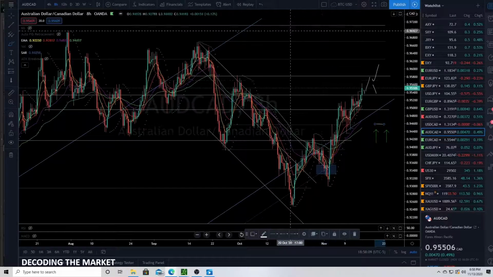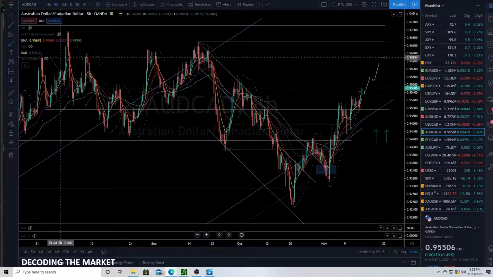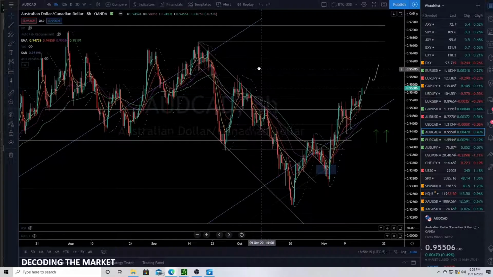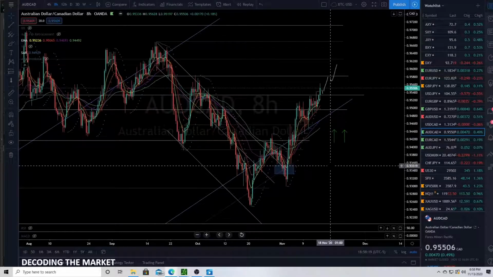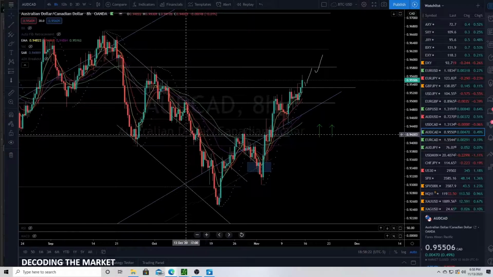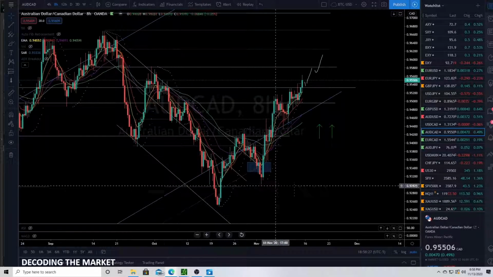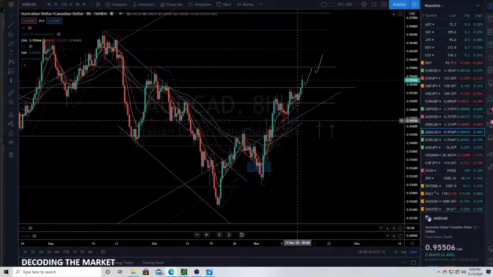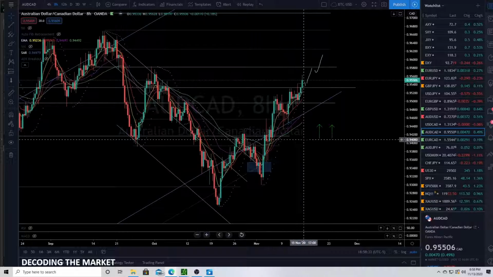So that is the reason we need to be very patient, guys, at the moment we make our decision to get into the market and get a position. So that is the possibility with the AUD, the Australian dollar, Canadian dollar. Looks like the price is strong so far.